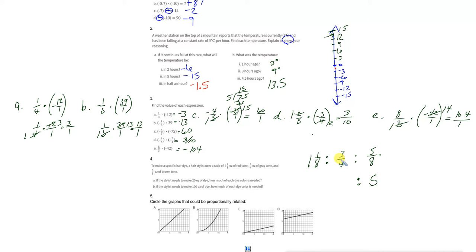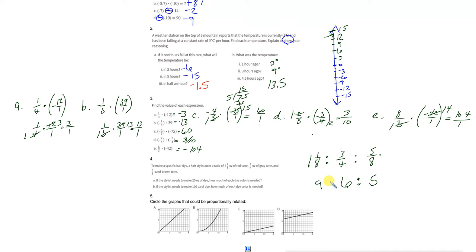If I do 3/4 times 8, or 0.75 if you want to think of it that way, if I multiply that by 8, I get 6. So this becomes 6. And if I do 1 1/8 and multiply it by 8, that gives me 9.